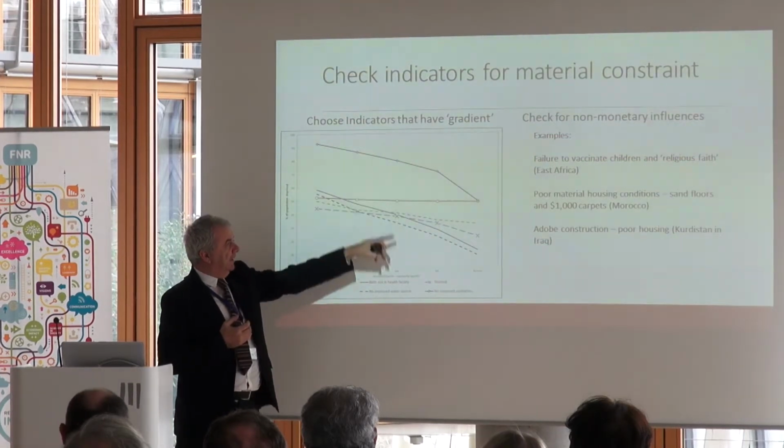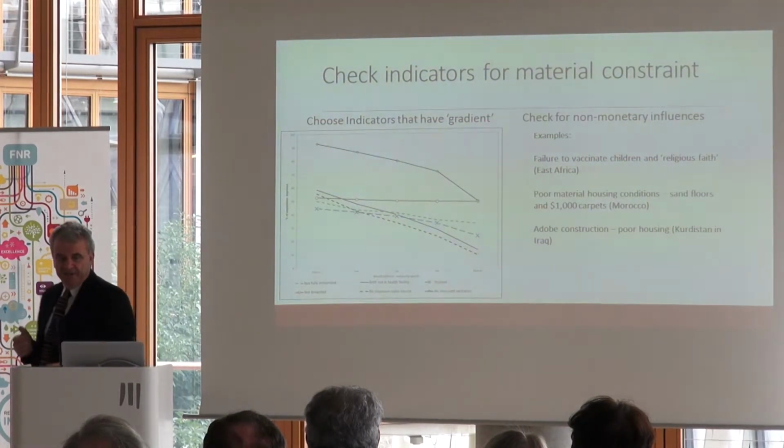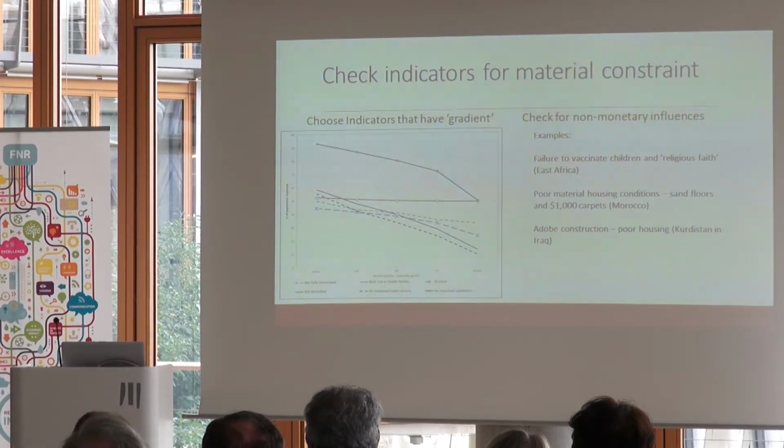And we also have these black lines, which are about whether they have access to sanitation and access to water.